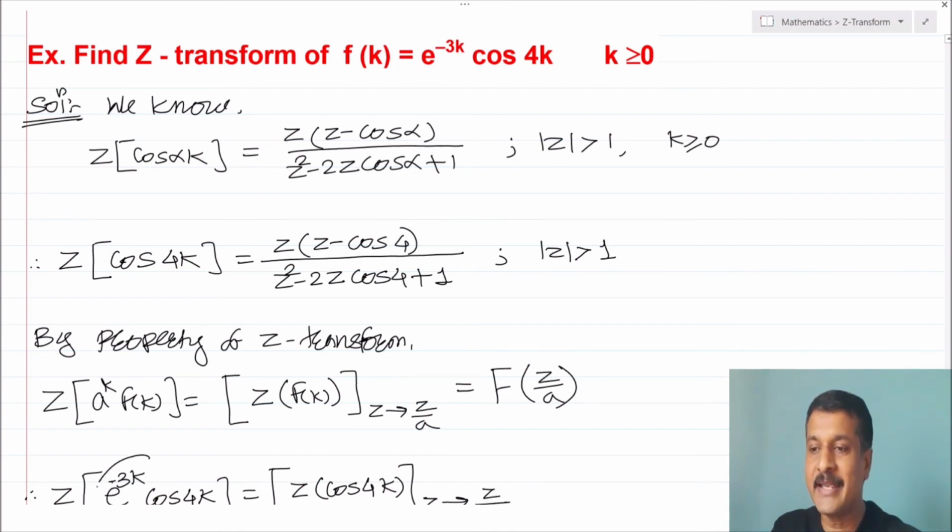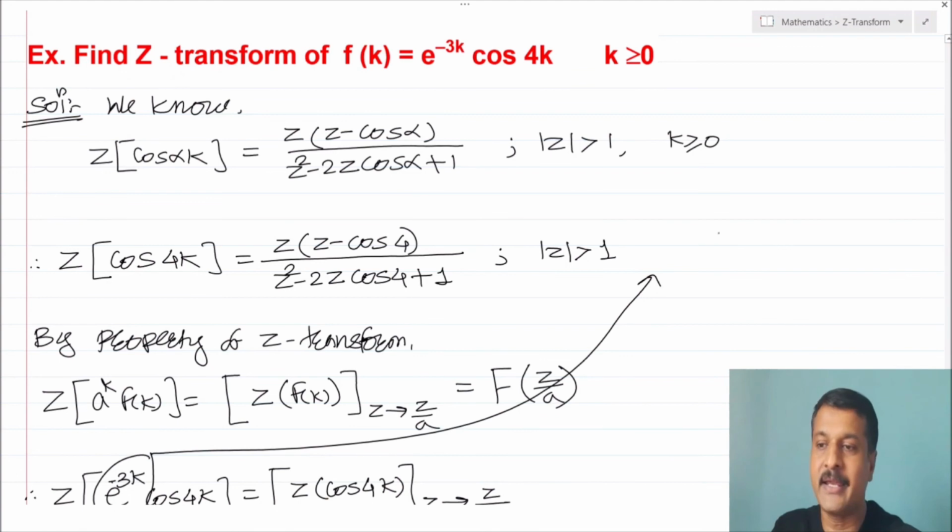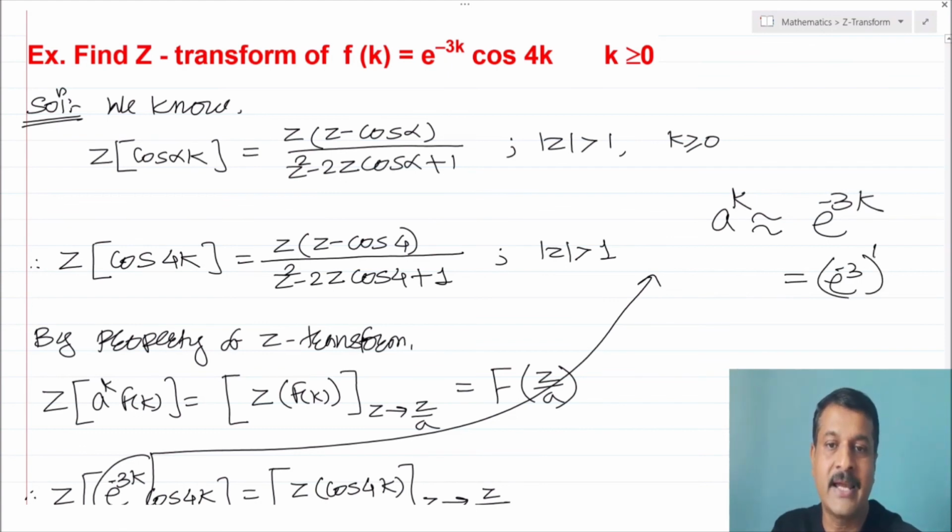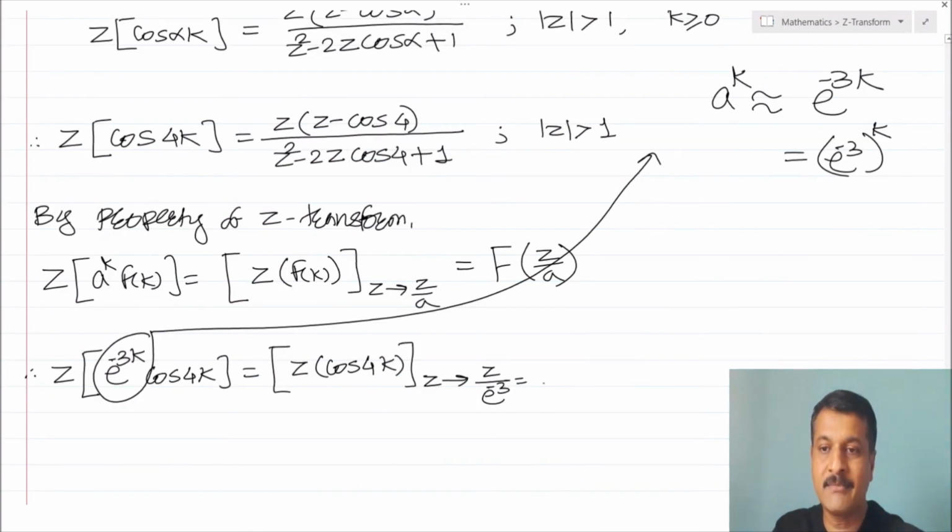So what is the a here? If we check, a is the a raised to k. You compare with e raised to minus 3k, it means that it is e raised to minus 3 raised to k. So what is the a? It is e raised to minus 3. The same thing you can consider as e raised to 3 into z.